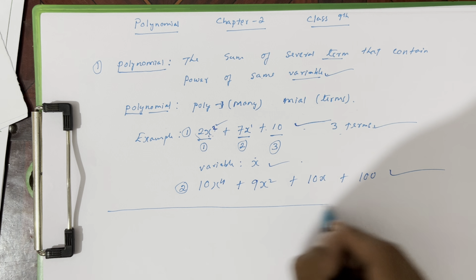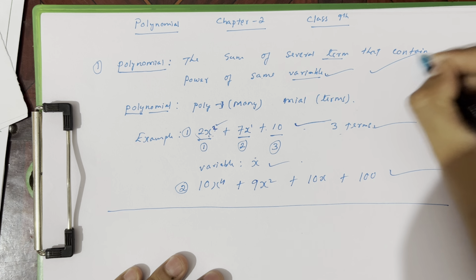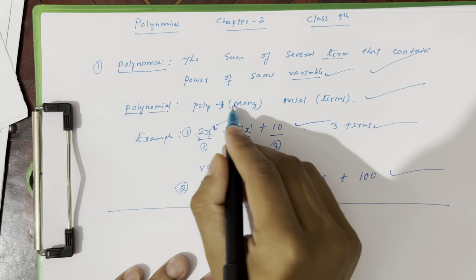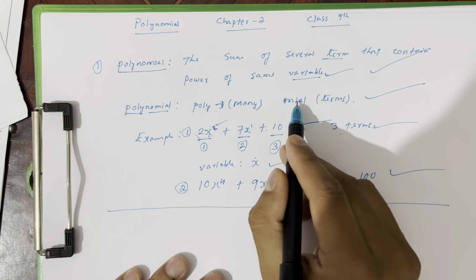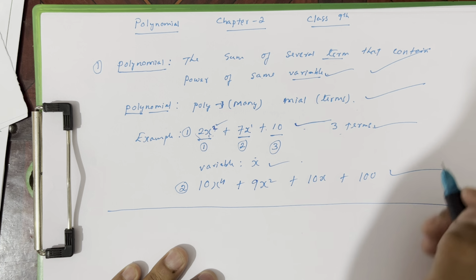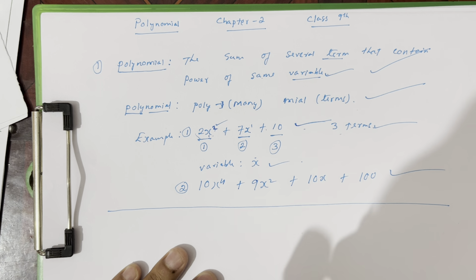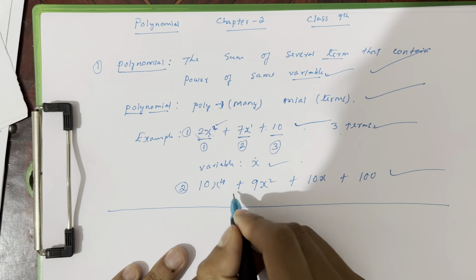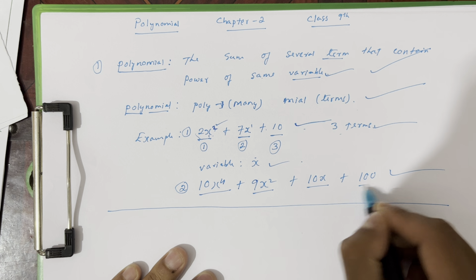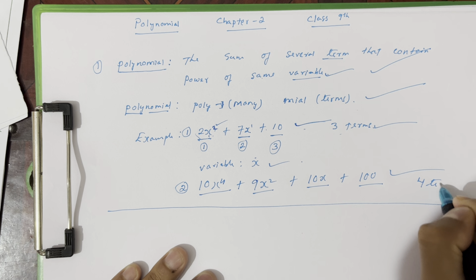This is the definition, and this is the meaning of polynomial. Poly means many, mial means terms. And this is the two examples I gave you. So how many terms do we have here? 1 term, 2 terms, 3 terms, 4 terms. Here 4 terms we have.